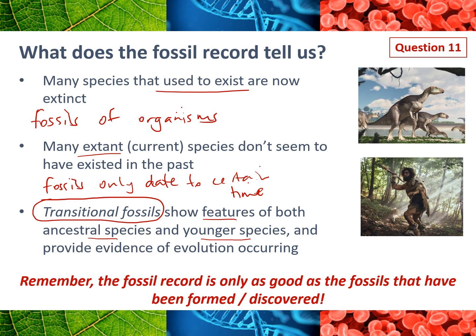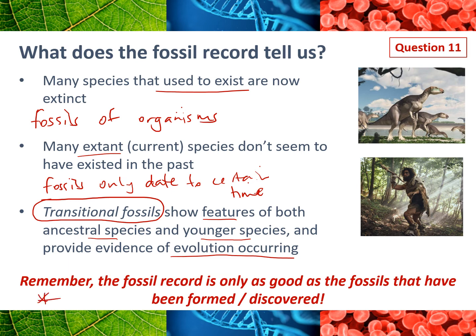There are fossils of organisms or species that were kind of somewhere between chimpanzee and human. Okay, so that shows us that this change is occurring. It doesn't just happen overnight that it goes from one species to another. Little changes add up. So transitional fossils that have been found tell us that this has been happening.